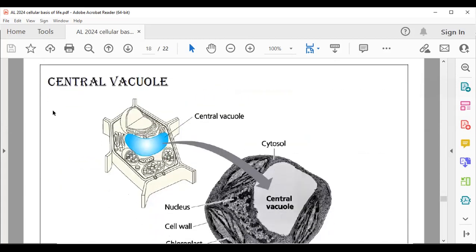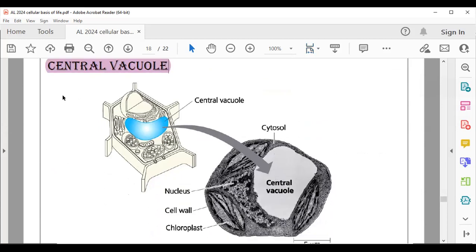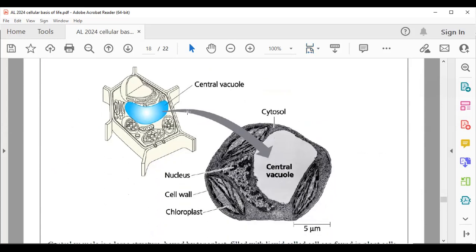So now we are coming to the heading called central vacuole. Here, what type of cell is shown? Plant cell. So central vacuole is found in the plant cell.